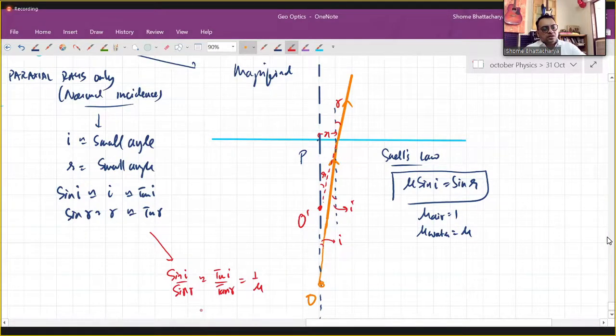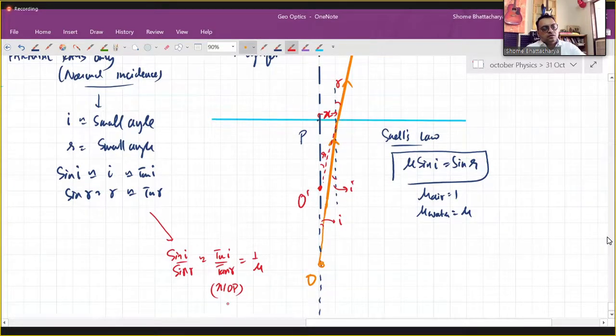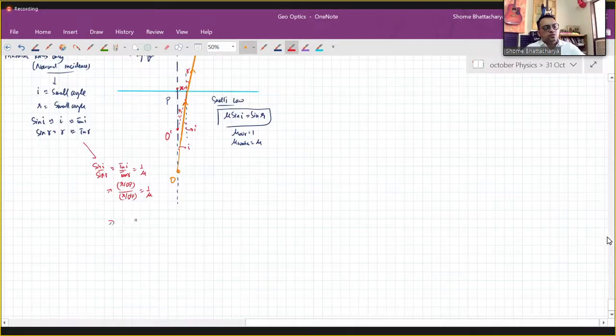Tan I, you can see, is this distance x divided by the real depth OP, whereas tan R is the same x but divided by the apparent depth. So 1 by mu. So we can see from this that O prime P is OP divided by mu.